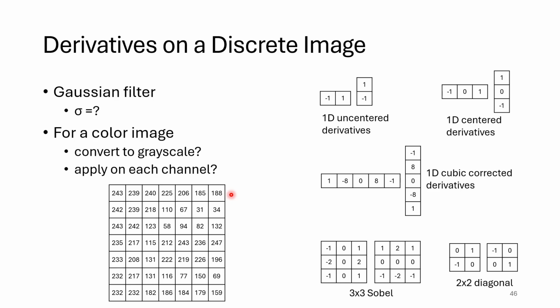And there are several types of derivatives: 1D uncentered or centered derivatives, centered because there is a 0 in between the -1 and the +1. And then there are even 1D cubic, the 3x3 Sobel filter, and the 2x2 diagonal filter.